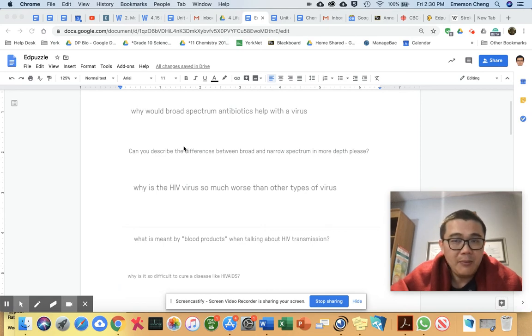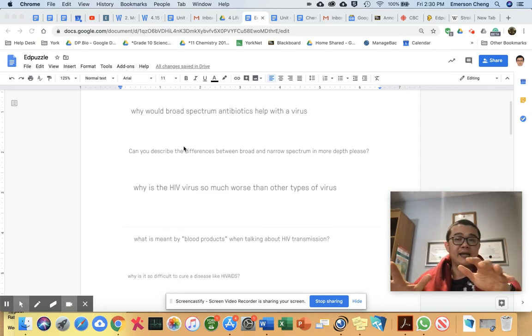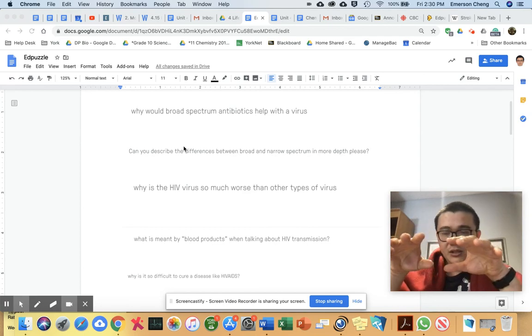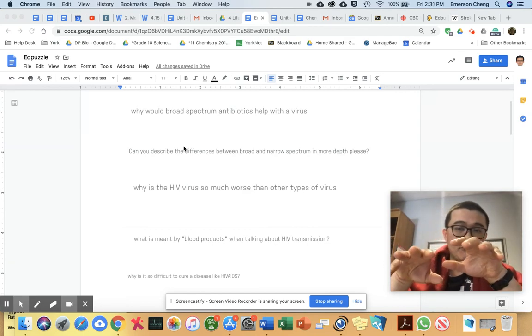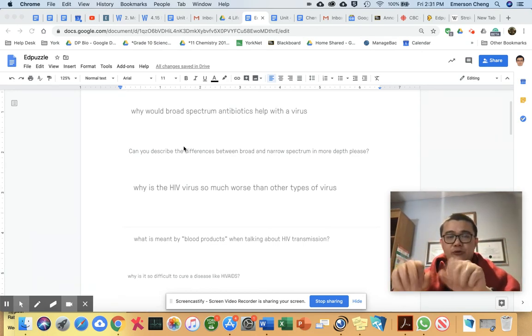For example, some of you may have heard that there's something called gram positive and gram negative bacteria. That's a way to classify bacteria into two main groups. One of them has a cell wall, one of them has a membrane over the cell wall, if I remember correctly. So it's two broad groups.